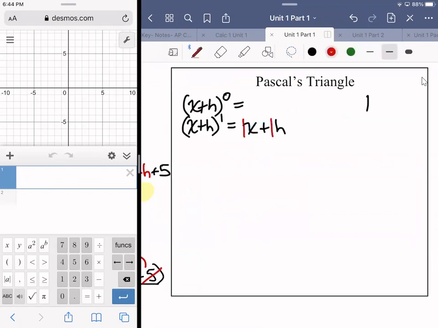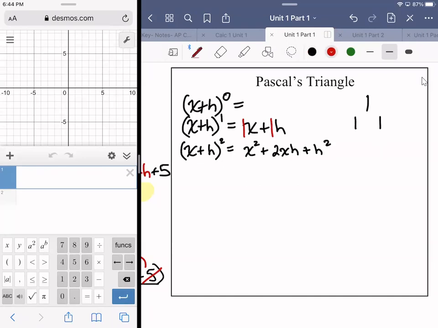I'm going to write the numbers 1 and 1 below the 1 for x plus h to the 0. You can see, it's not your classic definition of a triangle, but it's triangular in shape. The 3 numbers there should form what looks like a triangle if a triangle was made out of numbers. Then next up, if we're increasing the power, is x plus h squared, which we've done a bunch of times, and we know that's x squared plus 2xh plus h squared.